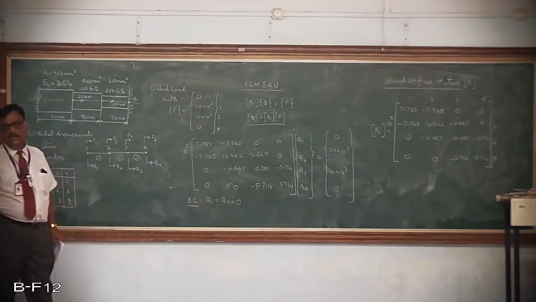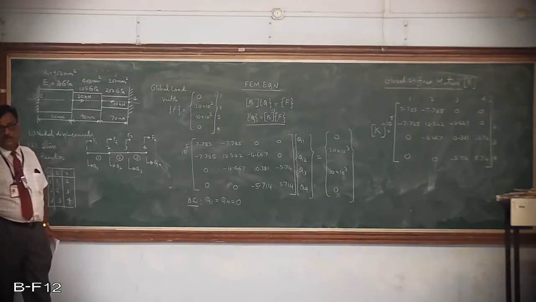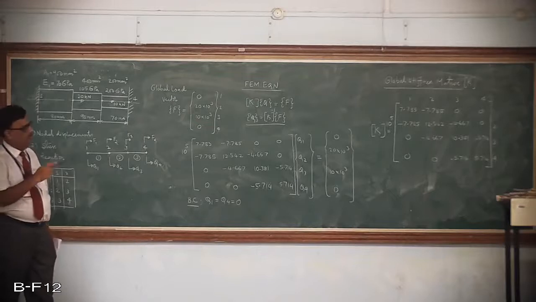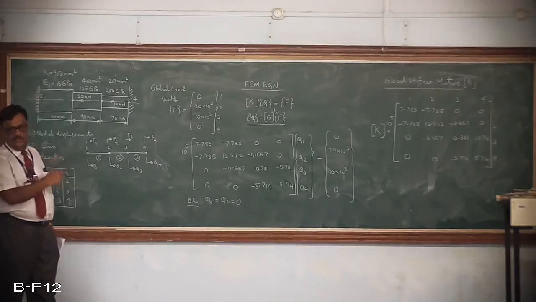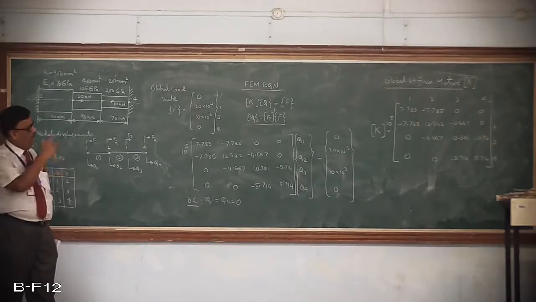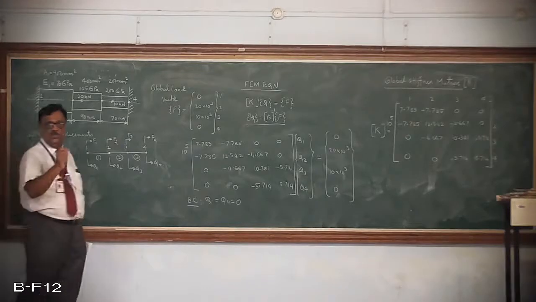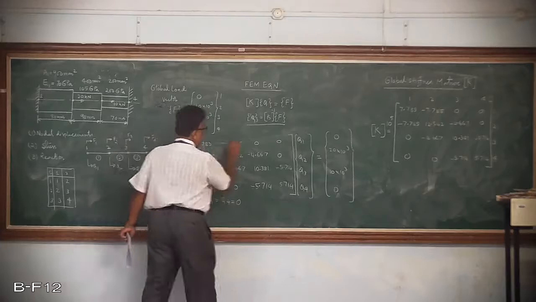So as yesterday we have already discussed that as per the elimination approach, if you want to substitute these two boundary conditions into the global equation, since the first degree of freedom at the first node is going to be 0, that indicates that the first row and first column need to be eliminated. So therefore, I will remove the first column and the first row.